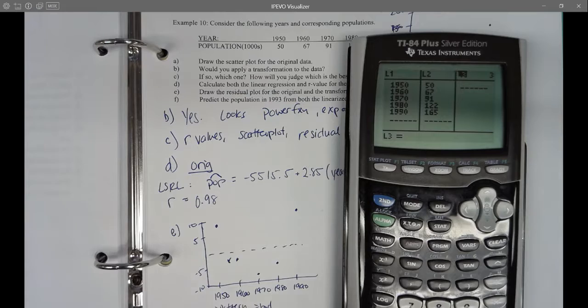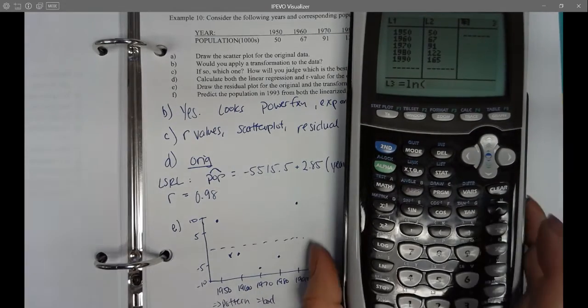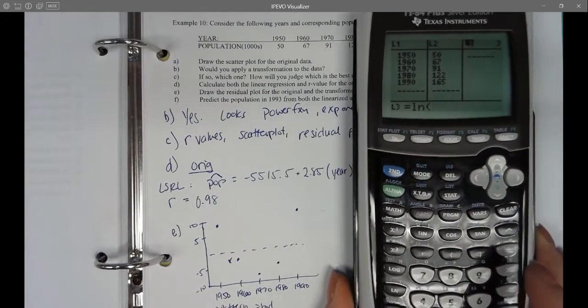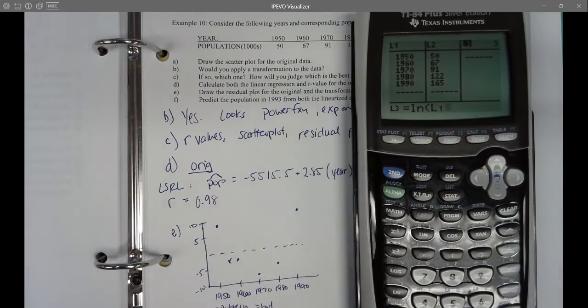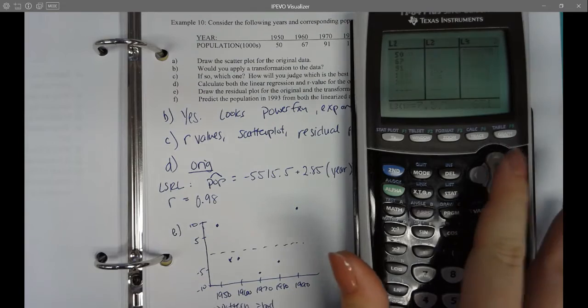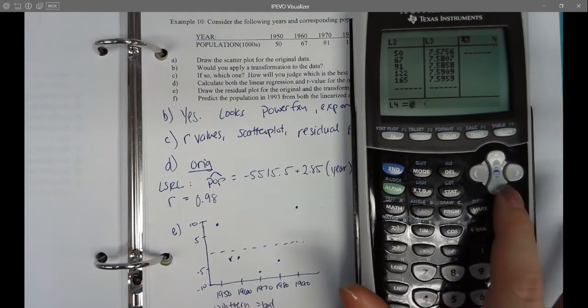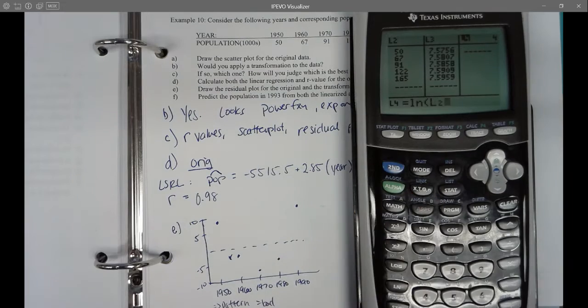And what I'm going to do is I'm going to create a rule for list 3, and I want list 3 to take the natural log, this button that's down here underneath log, LN, find the LN button on your calculator. I want to take the natural log of everything in list 1. And then I'm going to pop over here and I'm going to take the natural log of everything in list 2.